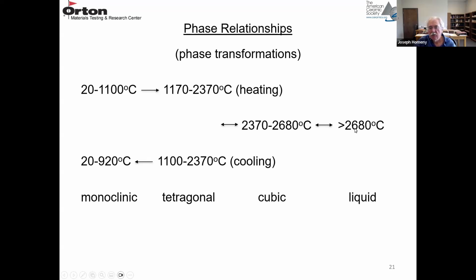And then above 2680 degrees C, it's going to be liquid. So on cooling, you're going to form the cubic phase, and then when you get down to about 1100 degrees C, the tetragonal is going to convert to monoclinic. So heating, you go from monoclinic to tetragonal to cubic, and on cooling, you go from cubic to tetragonal to monoclinic.